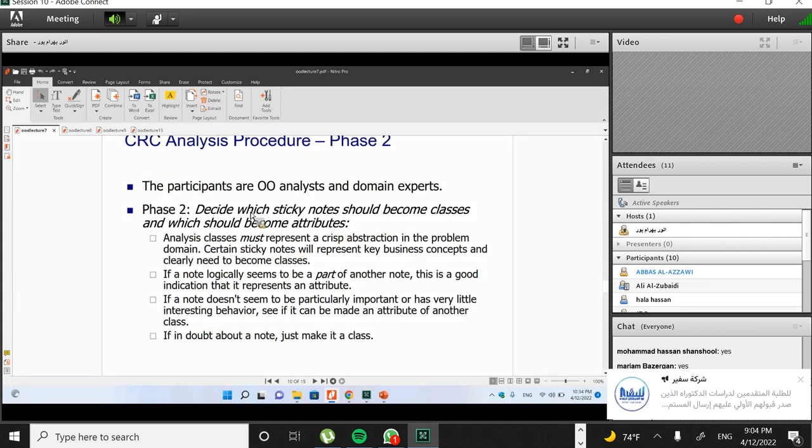In this phase, analysis classes must represent a crisp abstraction in the problem domain. Certain sticky notes will represent key business concepts and clearly need to become classes. They are the main classes of our project.